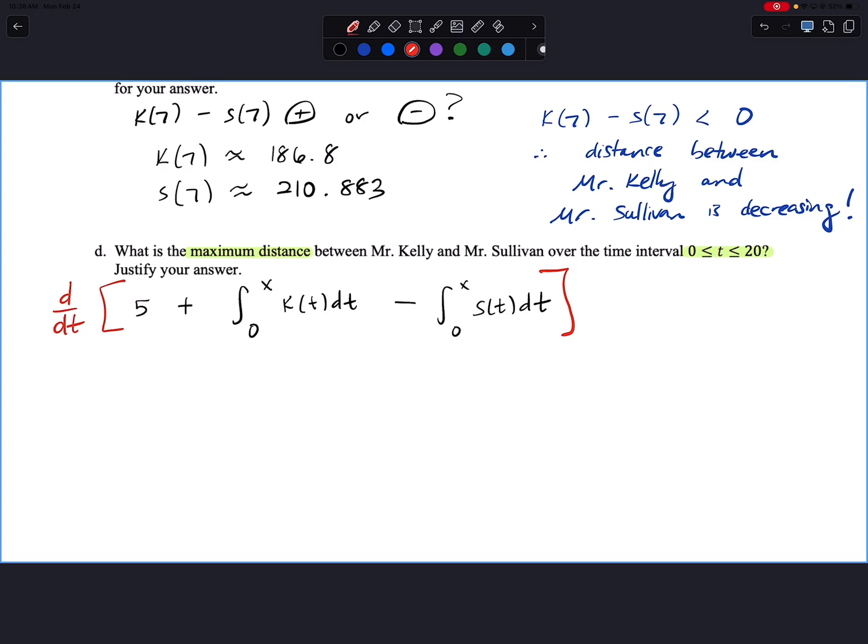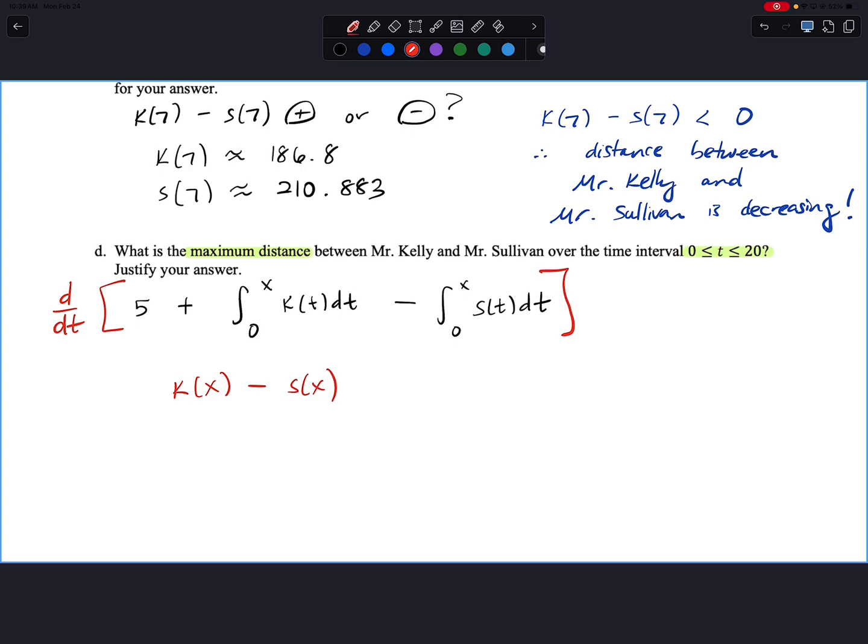When I take the derivative of the integral, what happens to the integral? It cancels. So all I have to do is take the x and plug it into there. So it's just going to be k of x minus s of x. Is everybody cool with that?